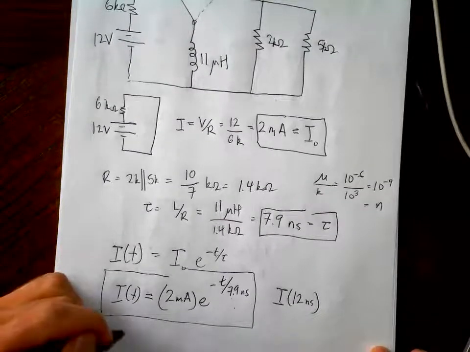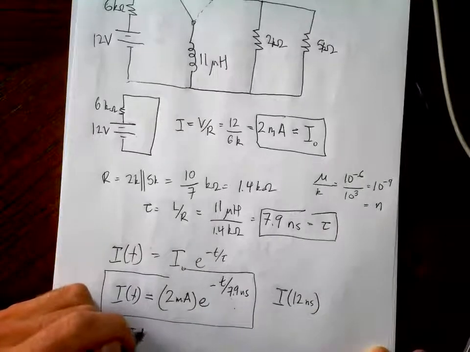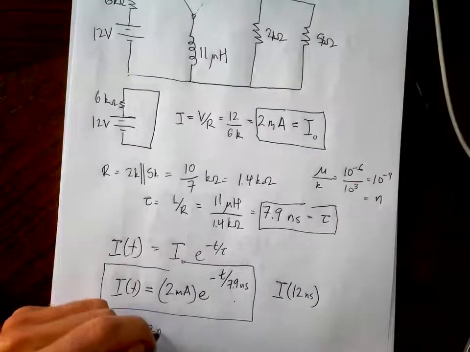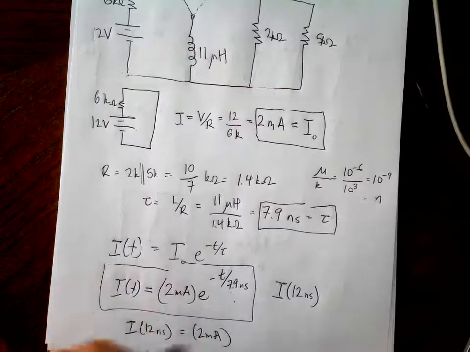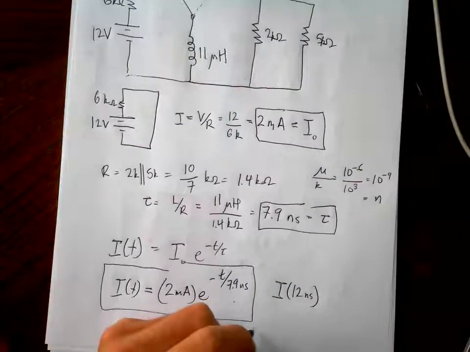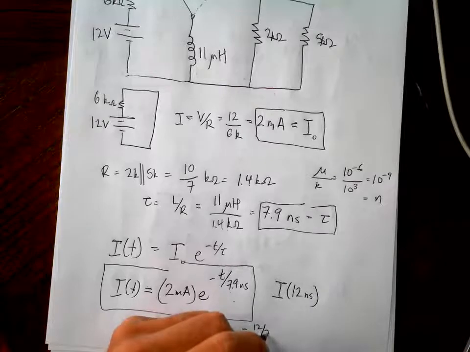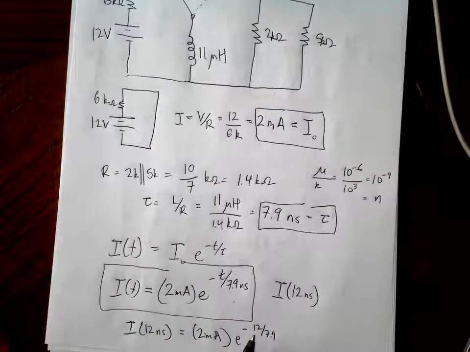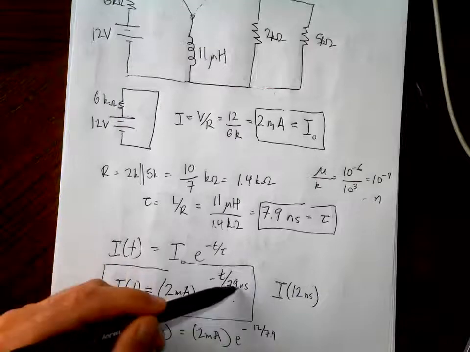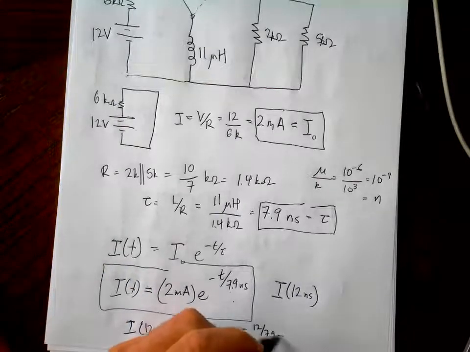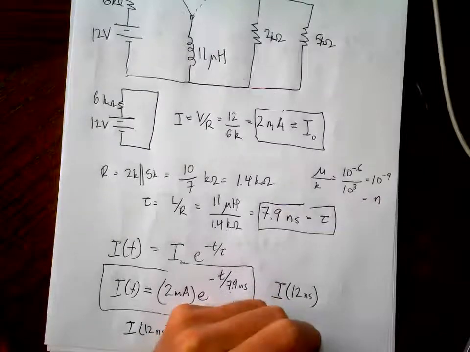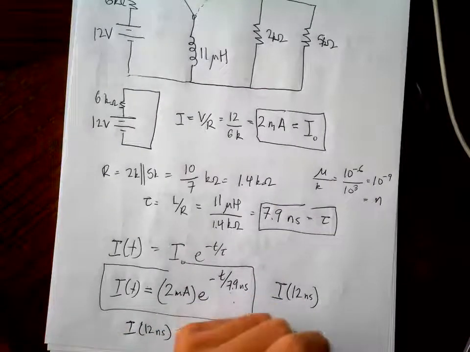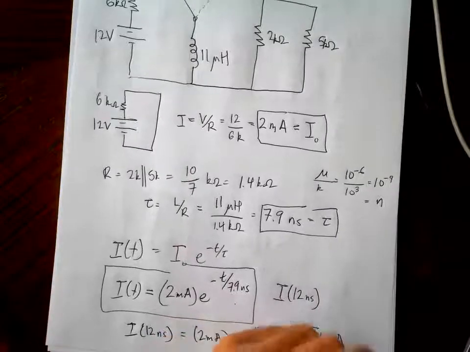So in that case, I of 12 nanoseconds is equal to 2 milliamps times e to the minus 12 over 7.9. Notice how the nanoseconds canceled out because I had nanoseconds in the numerator and in the denominator. So that makes it easy. Let's see. 0.44 milliamps. That would be the current.